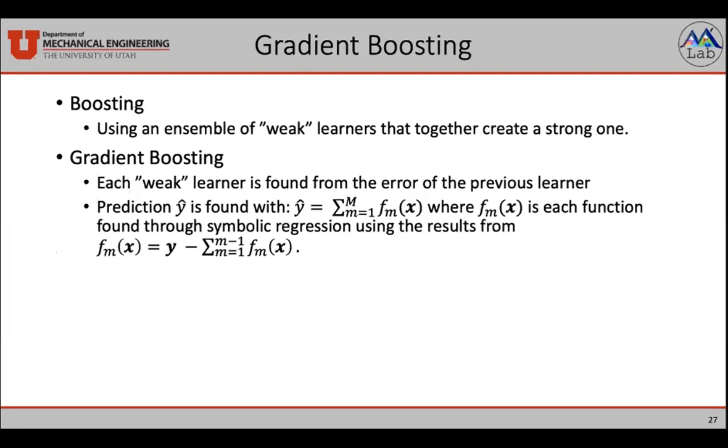Gradient boosting specifically is training a new model off of the residual error of the previous model. And so we borrowed this technique in sort of an ad hoc gradient boosting way with symbolic regression, where we trained a new symbolic regression equation off of the residual error of the previous equation.